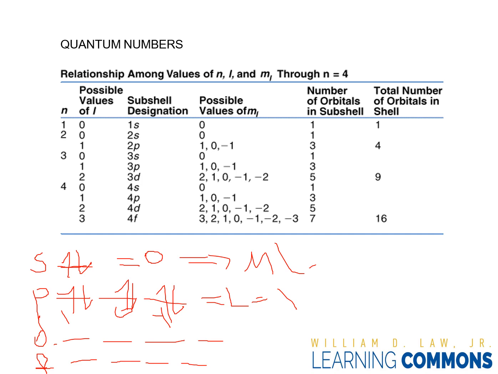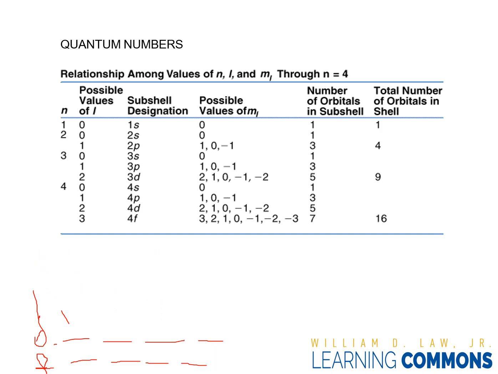How can I figure out the 2 value, the 2 for the d? The d value is 2 for the L.